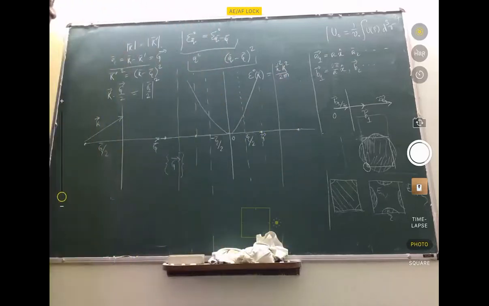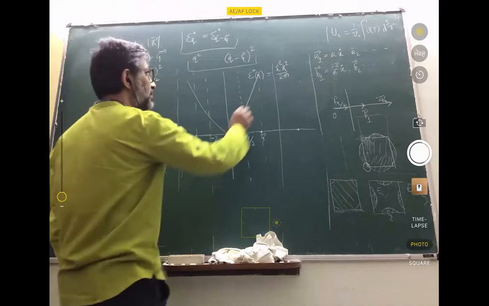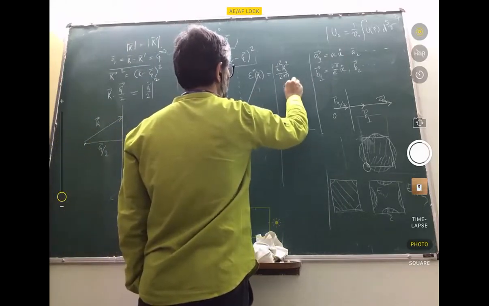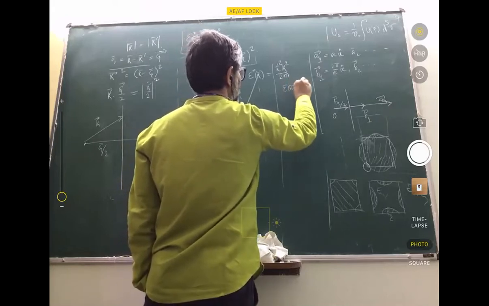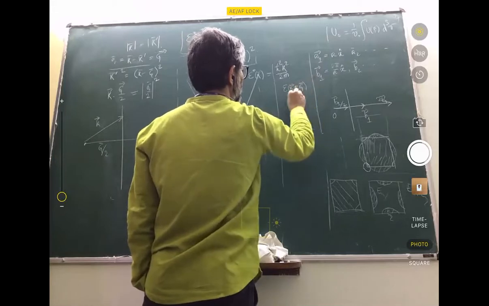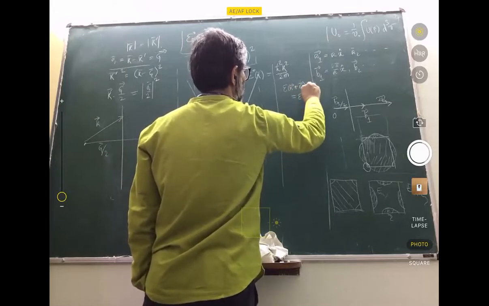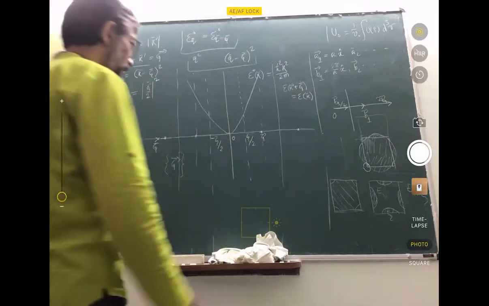Now, what did we learn? We learned that now that I have a reciprocal lattice, these band energies, epsilon k plus G is equal to epsilon k. These are periodic functions in the reciprocal lattice.